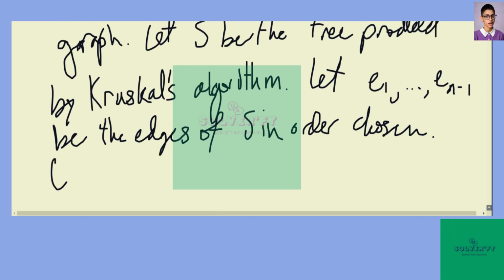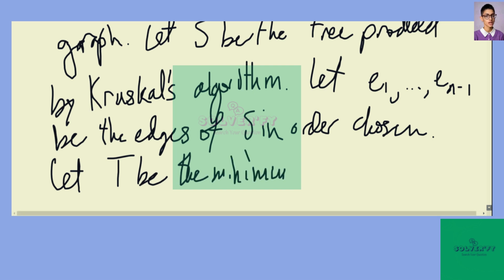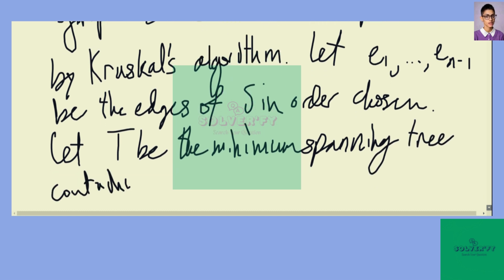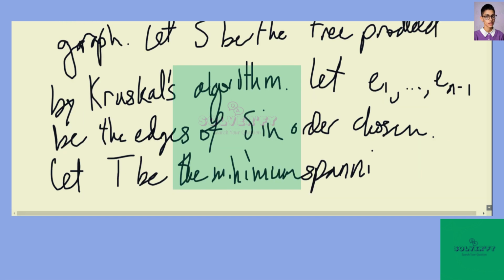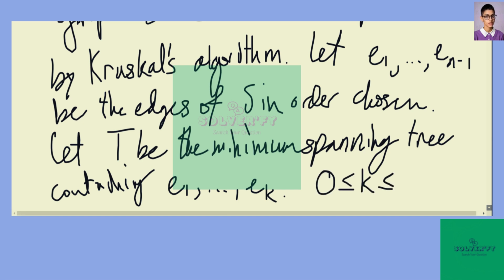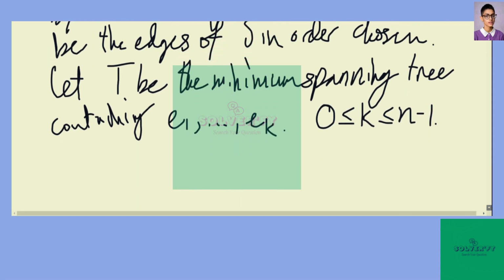And now let T be the minimum spanning tree that contains all the edges E1 through EK for the largest possible value of K. And so we have that K has to lie somewhere between 0 and n-1.